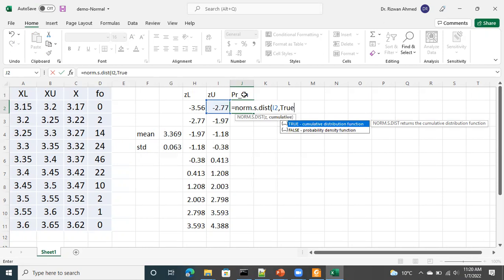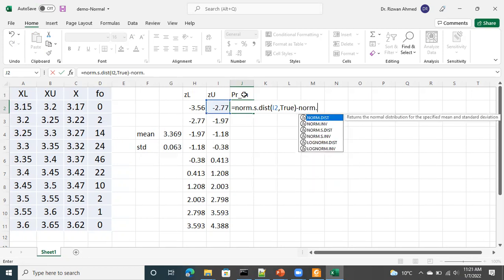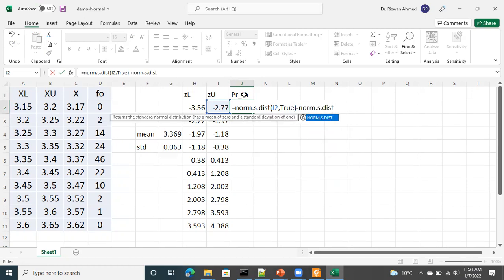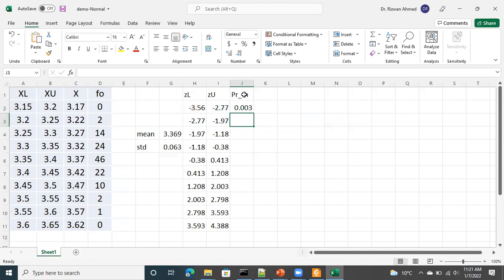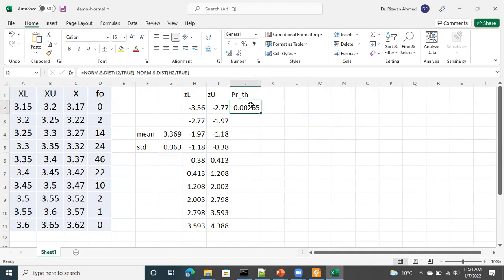Cumulative is required, which is the area evaluated from minus infinity to that particular value. Minus the same thing for the lower value. This is the probability of finding the value theoretically in the first class of the distribution data.